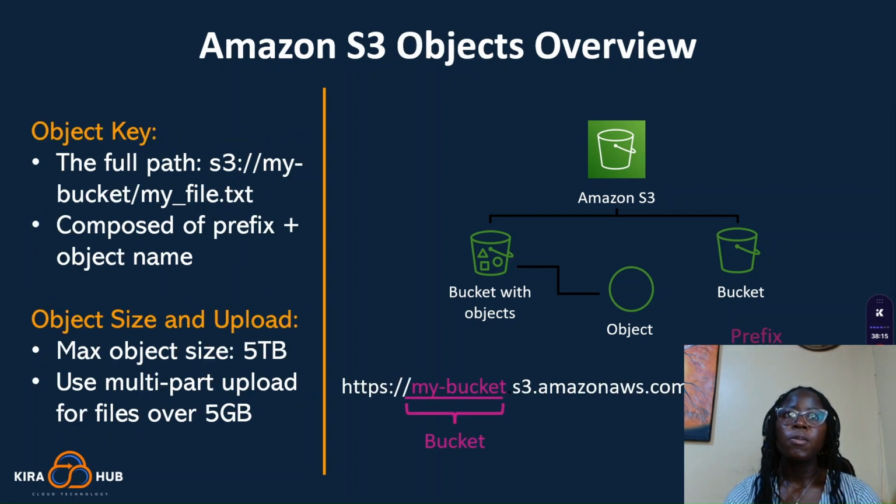Now, the concept of objects. What is an object? Just think of it as a file. Any file you store in a bucket is an object. We call them objects. And objects are identified by an object key, which is essentially the full path to the file within that bucket. So S3 does not have traditional directories.